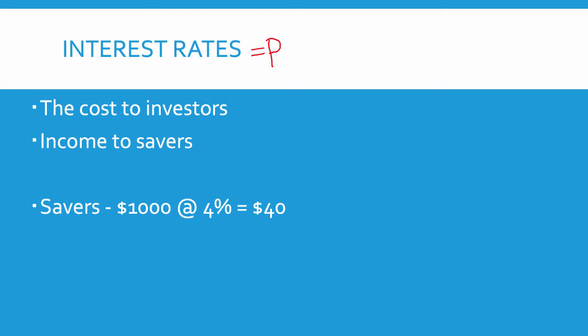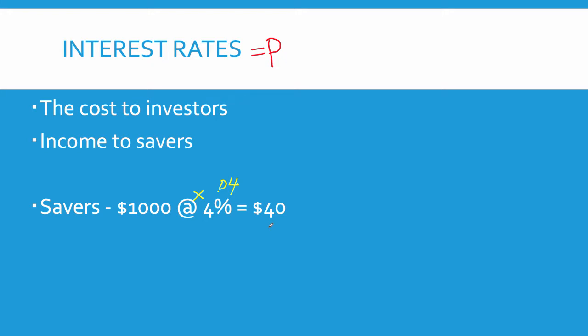So let's say that you put $1,000 into an account that gets 4% interest. Well, that means that you have income of 4% of the $1,000, or $40. So what we've done here is we've just taken the $1,000 and multiplied it by 4%, which is 0.04, and we get that $40.